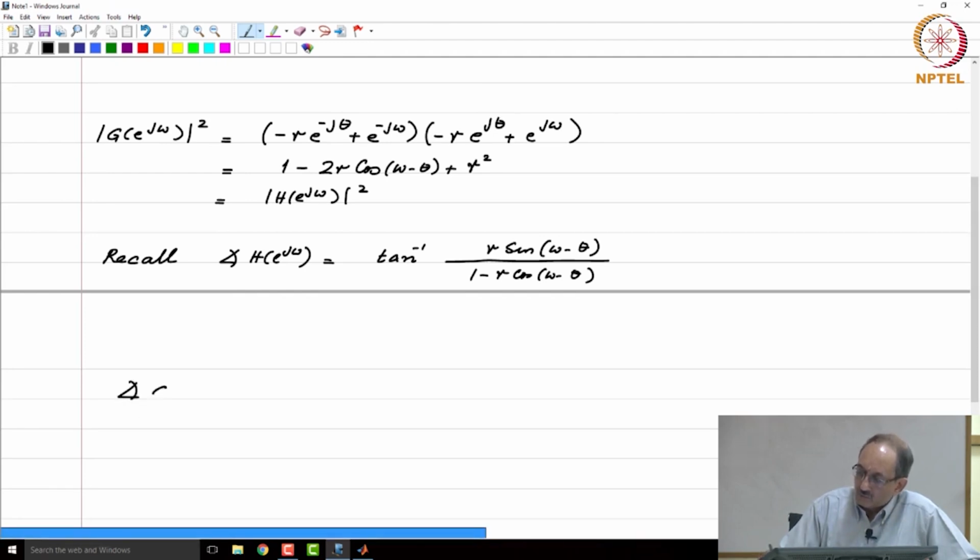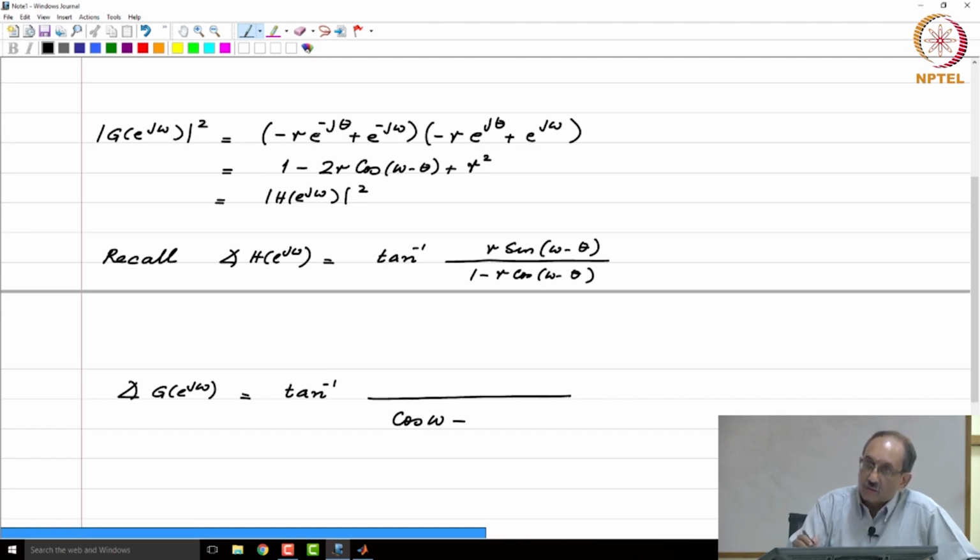Now, what about the angle of the related system? So, this is nothing but tan inverse imaginary part by real part. So, if you now look at this, the denominator will be cos omega minus r cos theta, and the numerator is the imaginary part.